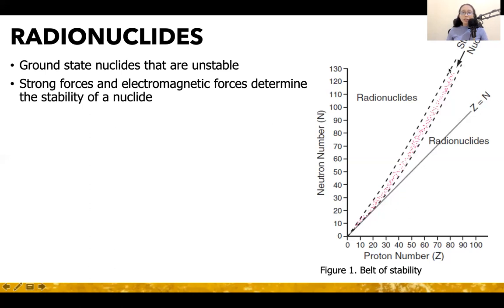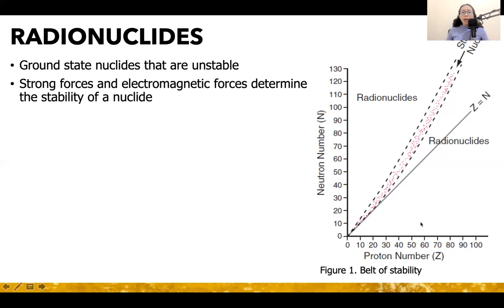All of the combinations that you see here, the number of protons and the number of neutrons for a particular nuclide, are stable. They don't undergo nuclear reactions. Any combination that is found outside, if we have that specific nuclide existing, then this nuclide is a radionuclide. So it can undergo a specific nuclear reaction so that it comes nearer the belt of stability.